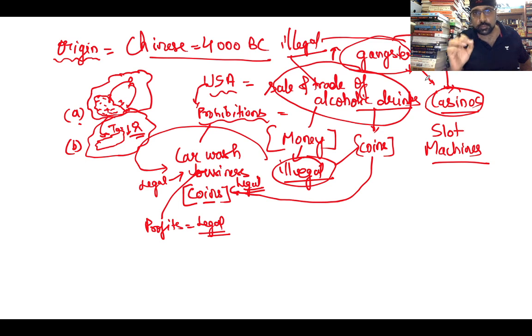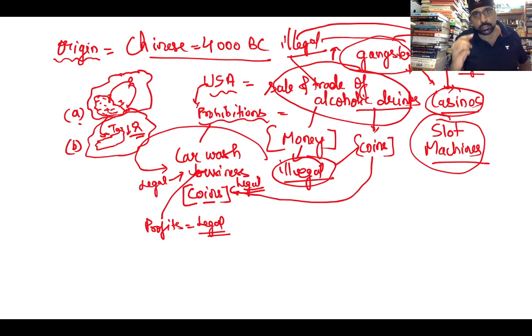The casino business has a legitimate activity not prohibited by the law at that time in America called these slot machines. And see the beauty that when you invest this money into these slot machines, what happens? You are changing the color of this illegal wealth into now legal wealth.